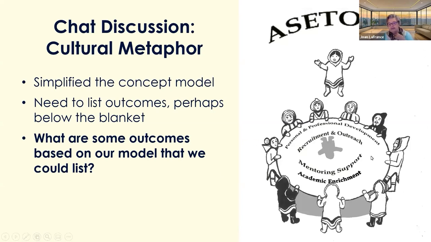And so the blanket that's supporting the student who is jumping is represented by the mentoring support, the academic enrichment, the personal and professional development, and the recruitment and outreach, which are the activities of the program.